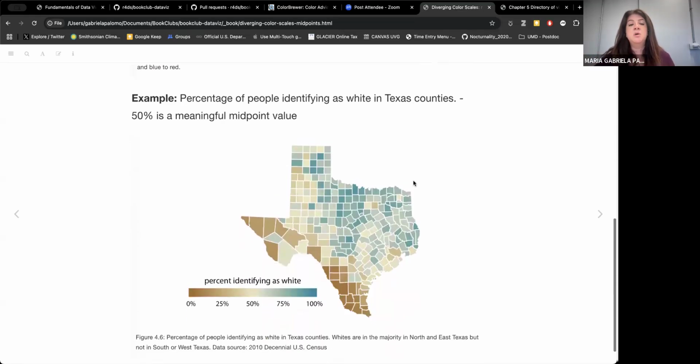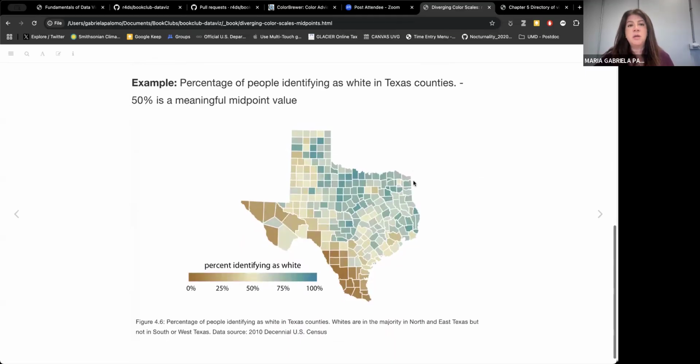In this example, we also have a choropleth showing the percentage of people identifying as white in Texas counties. Here, what they're using as a midpoint is 50%. That is a meaningful midpoint value because it shows exactly where the author wants the reader to focus their attention.